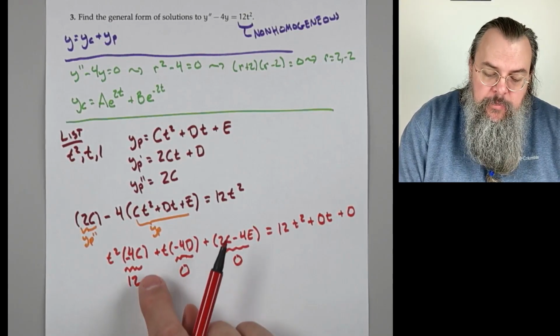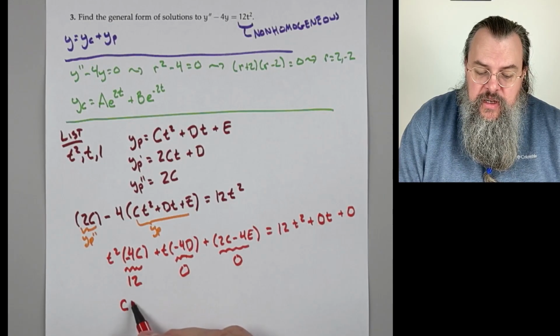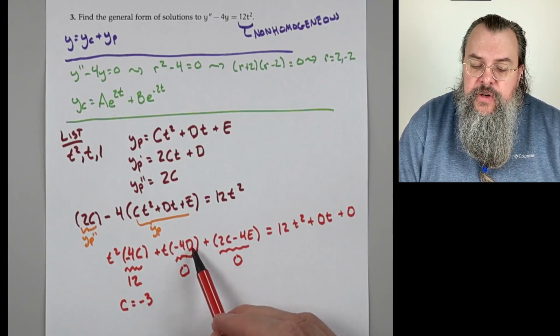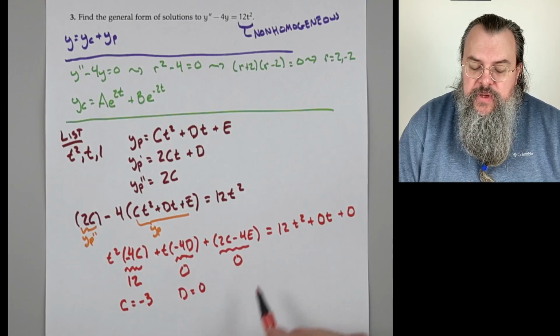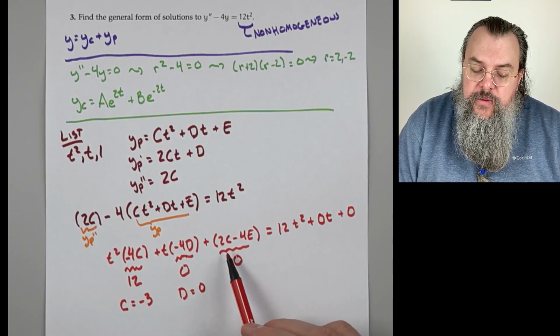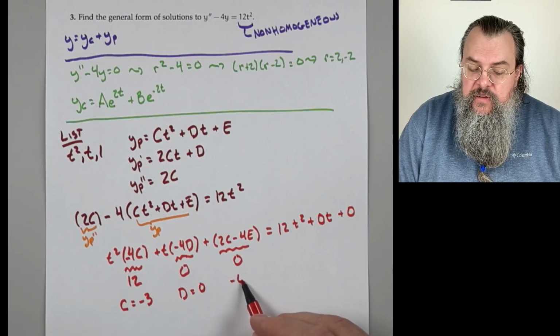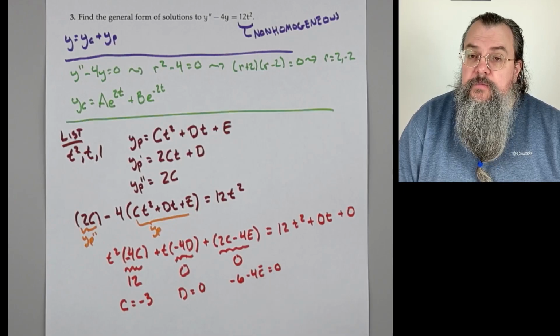All right. Minus 4c equals 12. So that tells us c has to be negative 3. Minus 4d equals 0. D has to equal 0. Then we get to the last one. 2c, well, let's write this down. 2 times c would be minus 6, minus 4e has to equal 0.